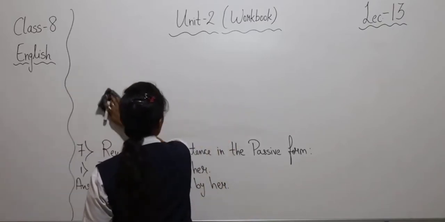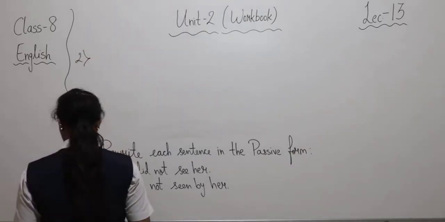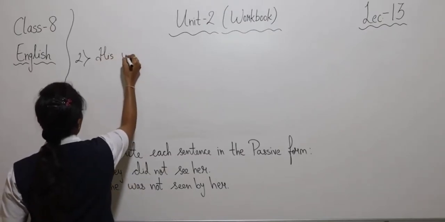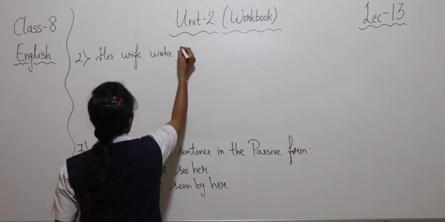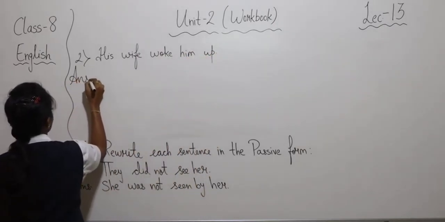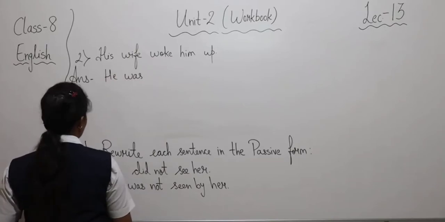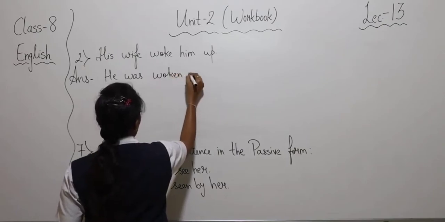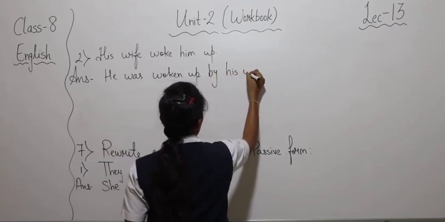Next, write down 2. His wife woke him up. So write down the answer: He was woken up by his wife.